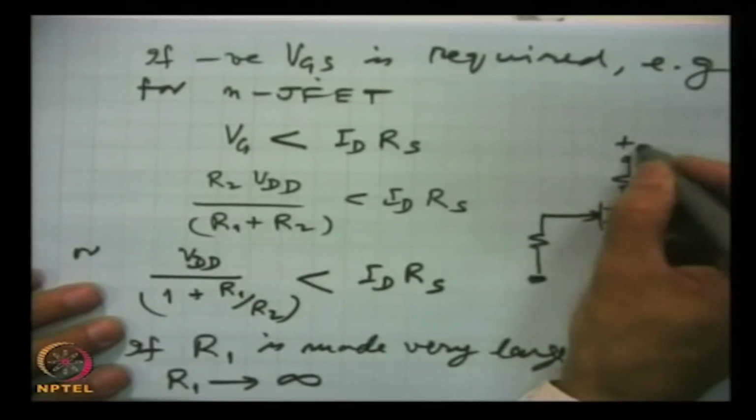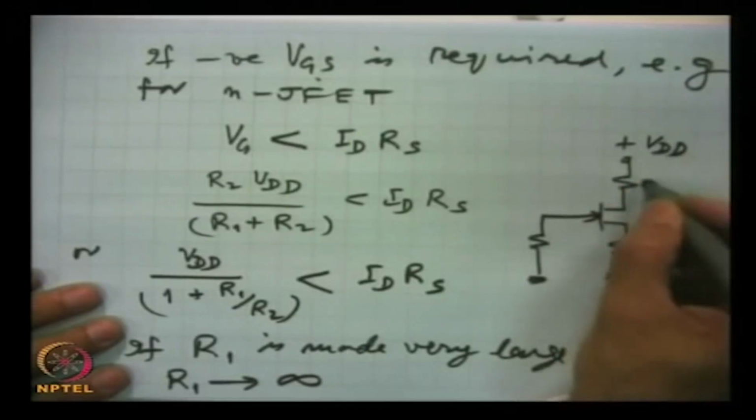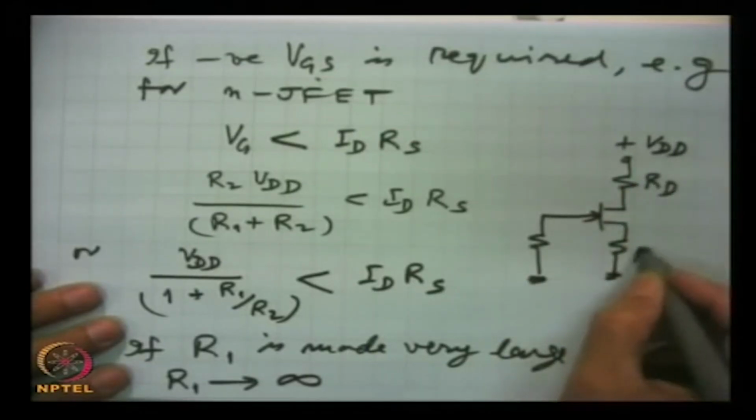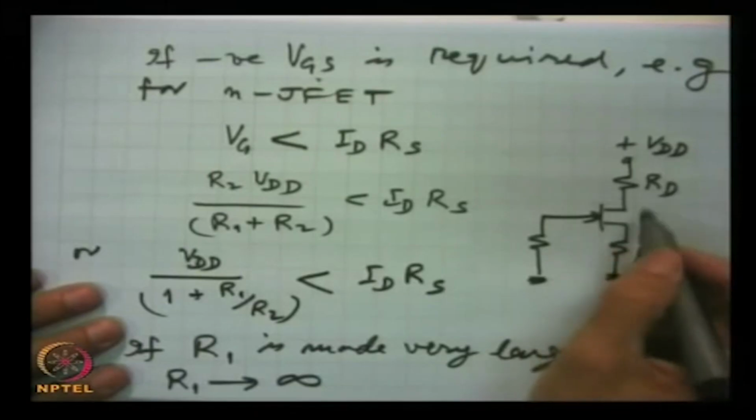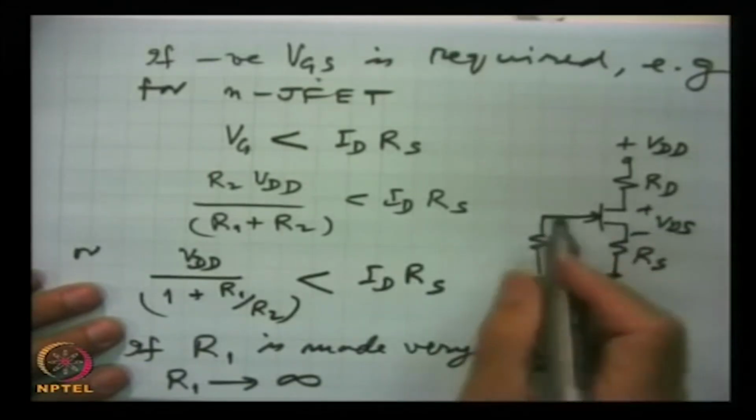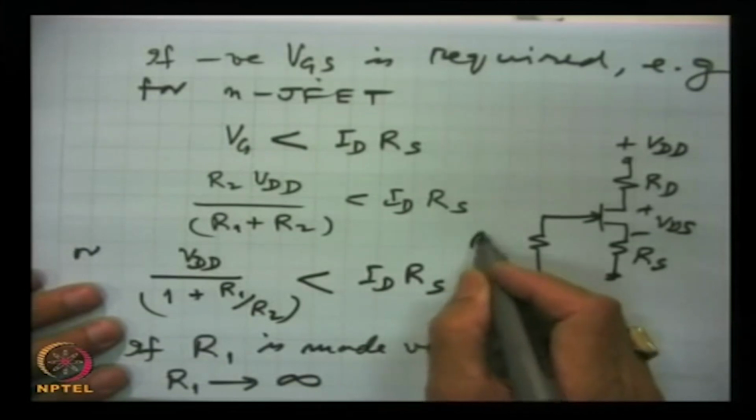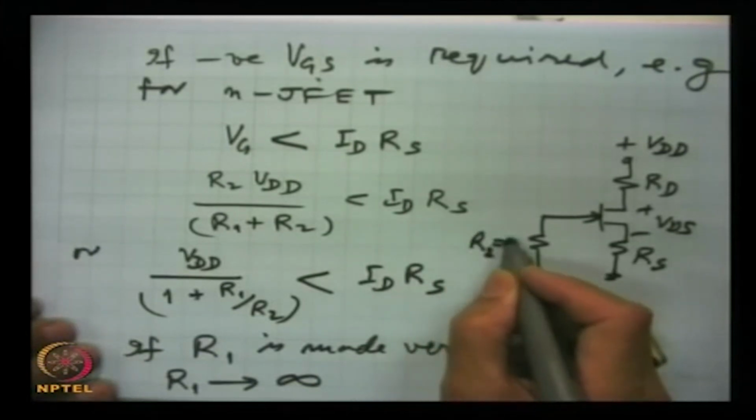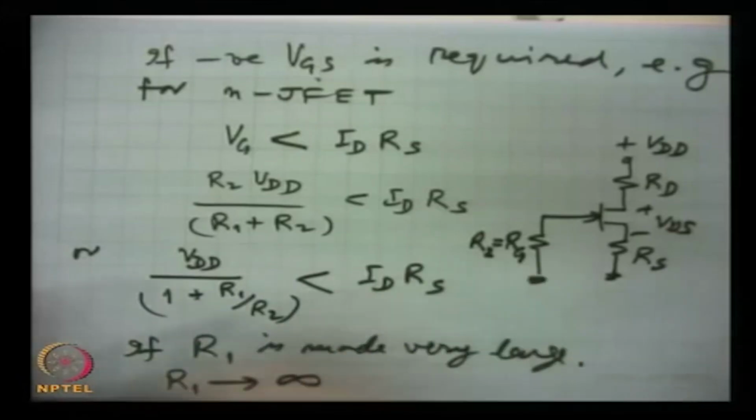Where this is VDD, RD, RS, and these voltages, this is of course VDS, this is VGS, and this is R2, which is same as we have taken earlier RG.